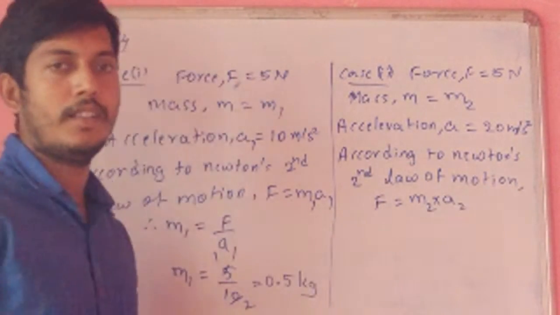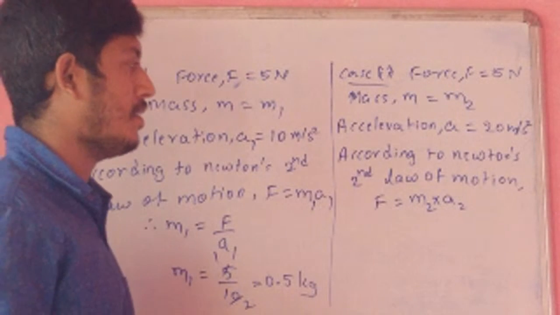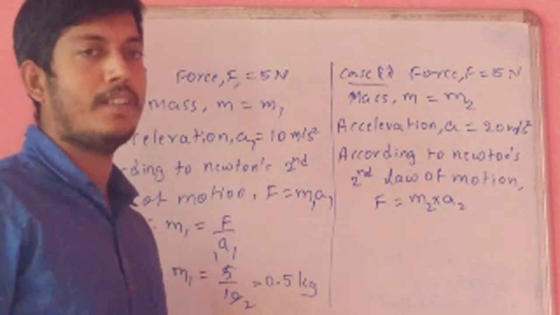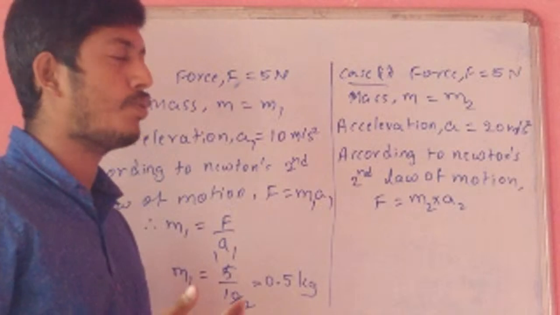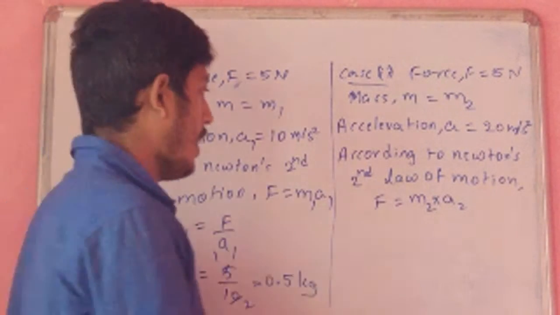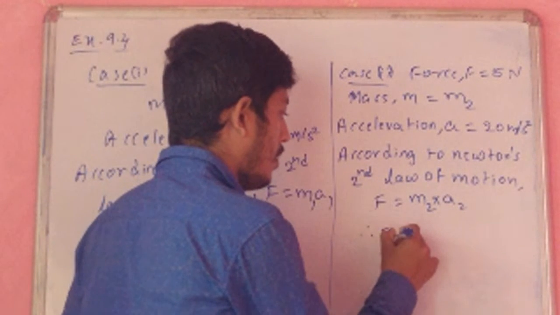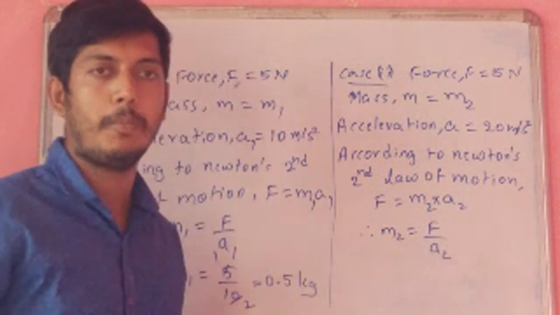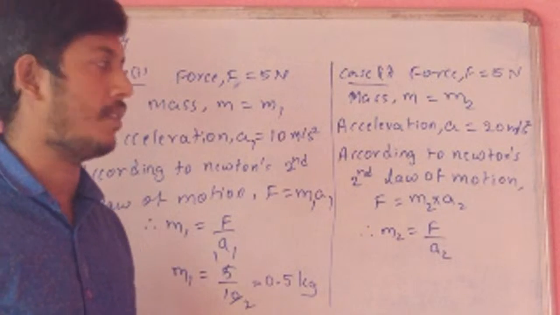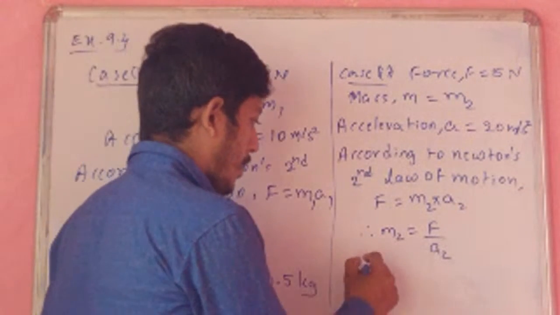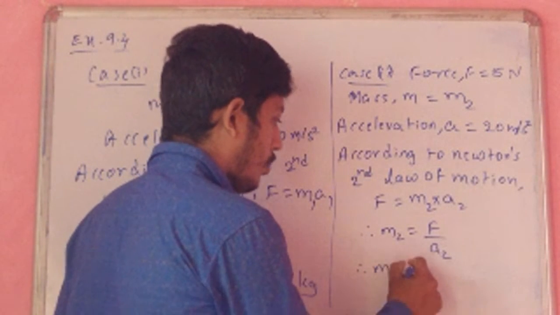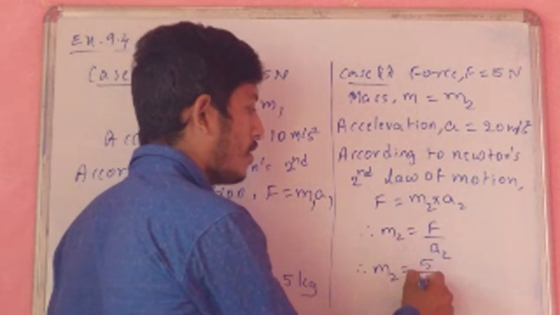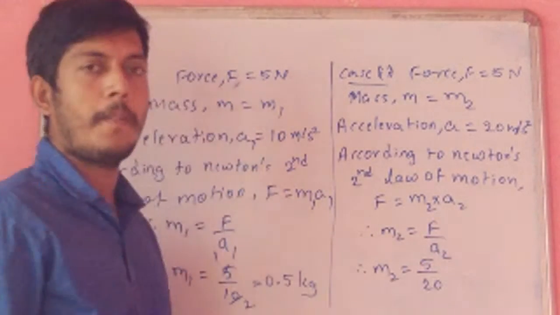So here, in the second case, mass is given as m2 and the acceleration we consider as a2. Therefore, F equals m2 into a2. Therefore, m2 equals F divided by a2. So a2 is multiplied here and goes to the other side, becomes division. Therefore, m2 equals force is 5 Newton and acceleration is 20.